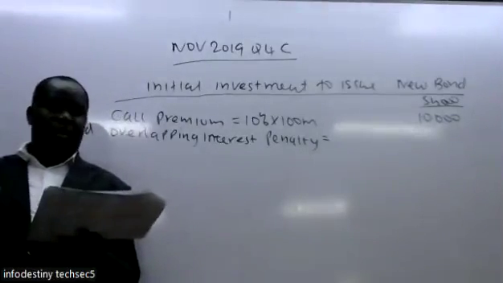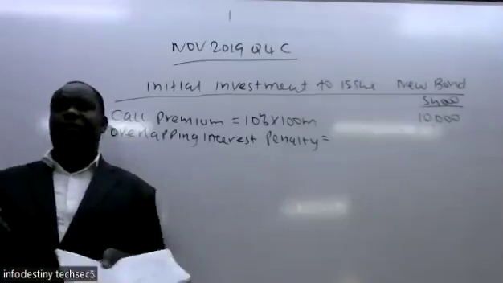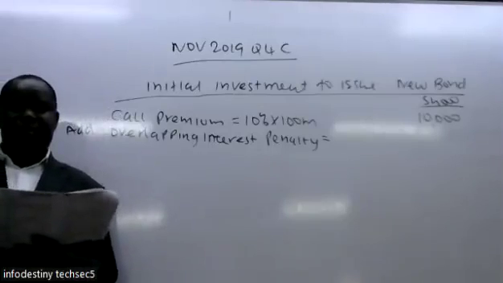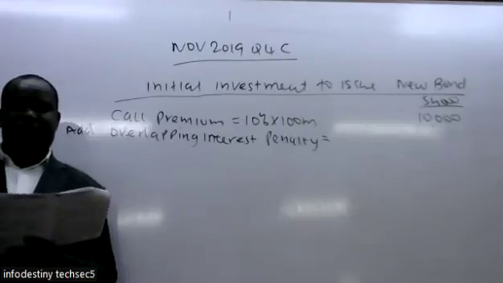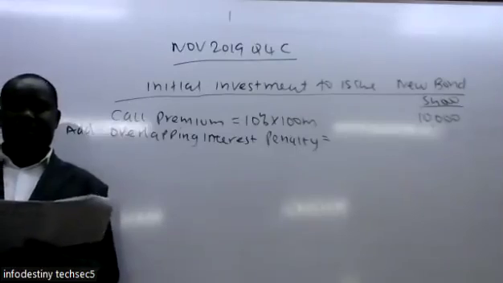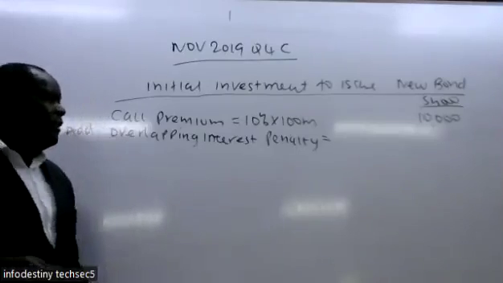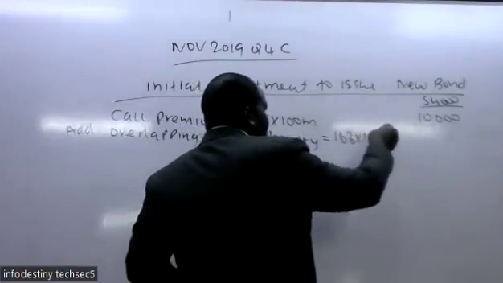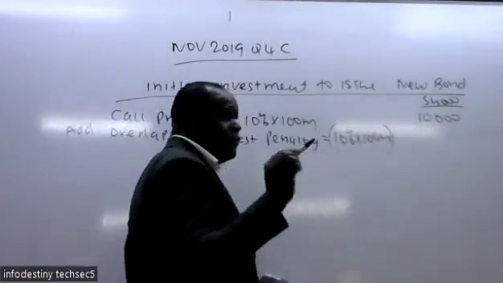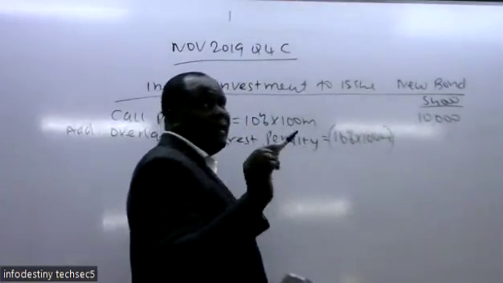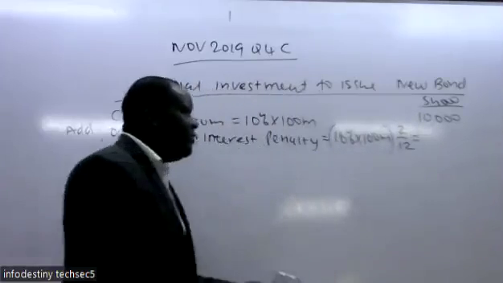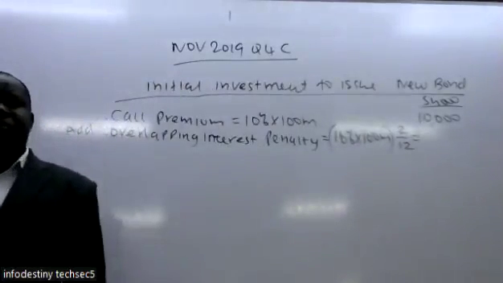You go back to the first paragraph. There they said 16%, shillings 100 million par value, 5 years ago. So the interest per annum is 16%. We shall be getting 16% of the 100 million, but now it is only for 2 months. 16% is per annum, so multiply by 2/12 to convert it to only 2 months.